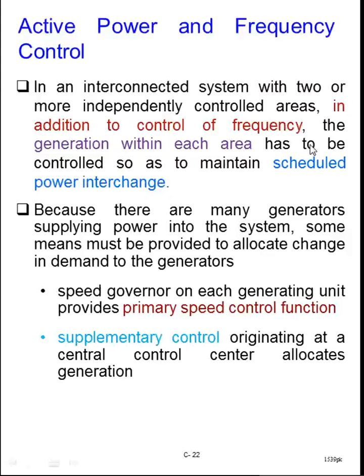So that means in an interconnected system, apart from frequency regulation, we are also concerned about how much should be the power flow in the tie line that connects the two areas.